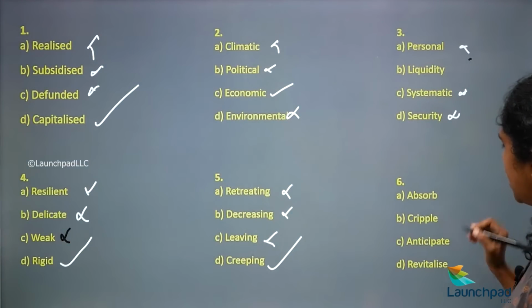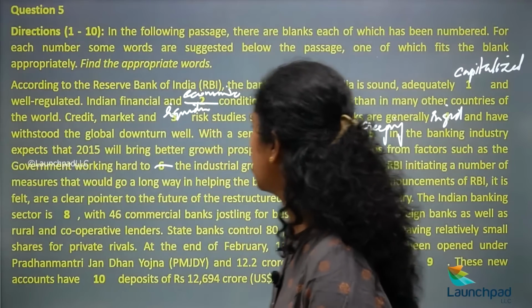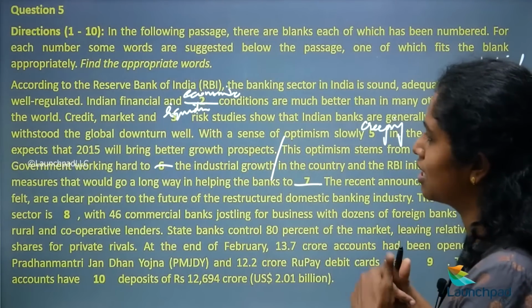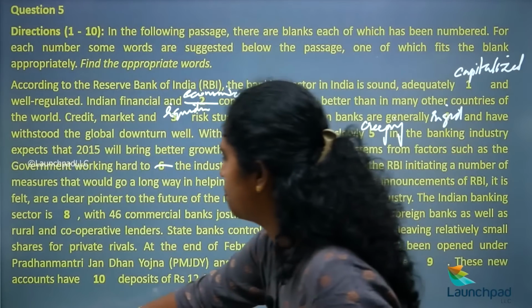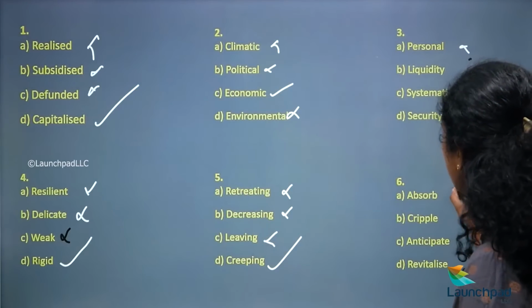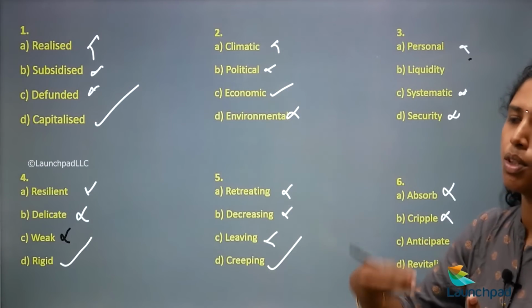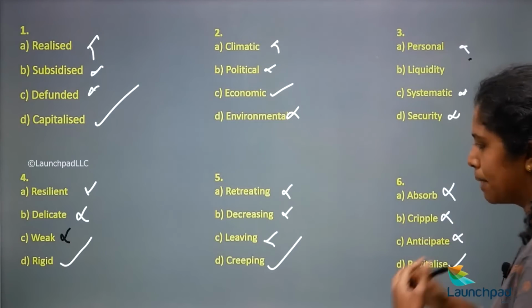Absorb, cripple, anticipate, and revitalize. So let's see what is the right option. The government working hard to revitalize could be the right option, because absorb is taking away, cripple, no. Anticipate is about what is happening in future, you're just anticipating. But revitalize is bringing it back.